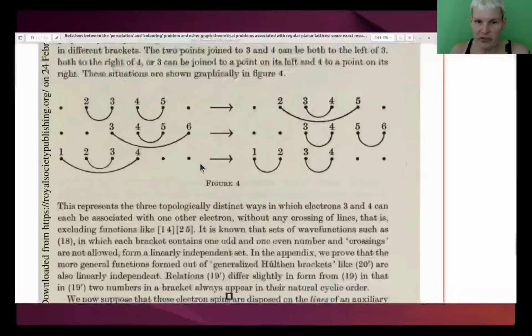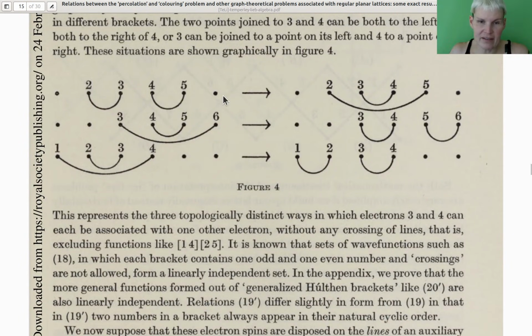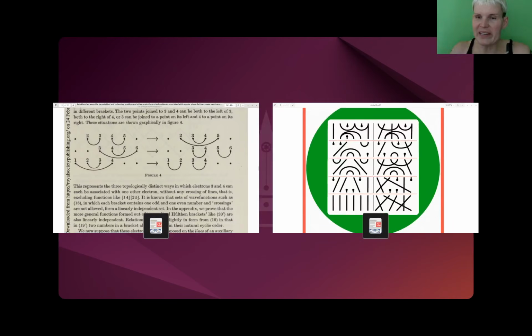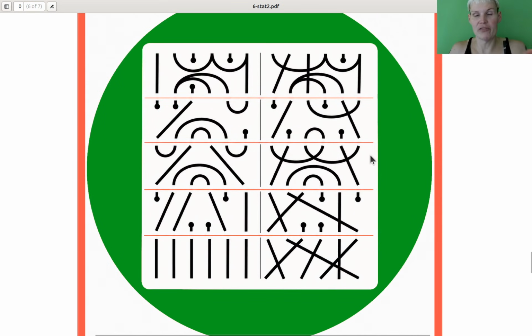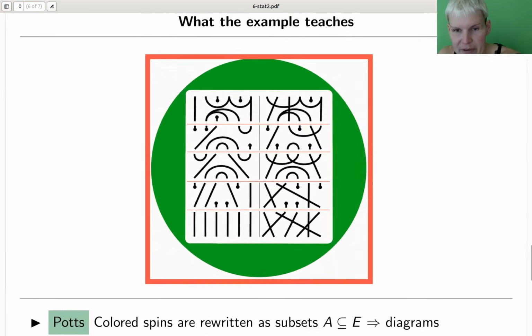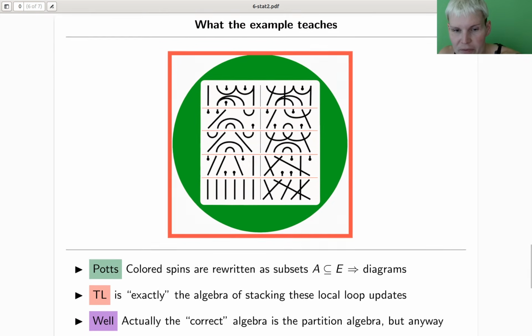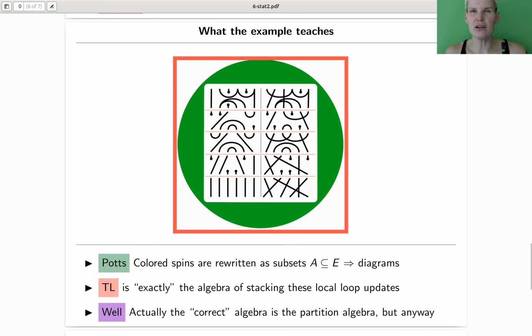And already in their original paper, they had those empty states, right? So they're not really describing the Temperley Lieb algebra in the original paper. They simplify the problem and then describe what comes out as a Temperley Lieb algebra. In reality, there's a slightly more difficult algebra that appears, which, depending on interpretation of what they do, is either the partition algebra or what people call SO3 webs, whatever that is.